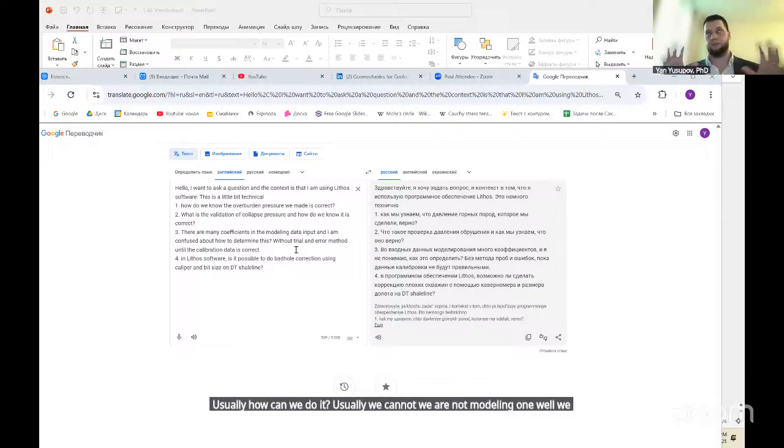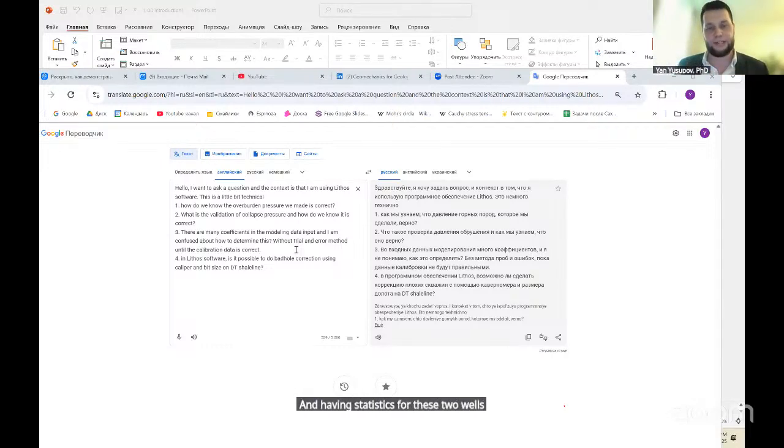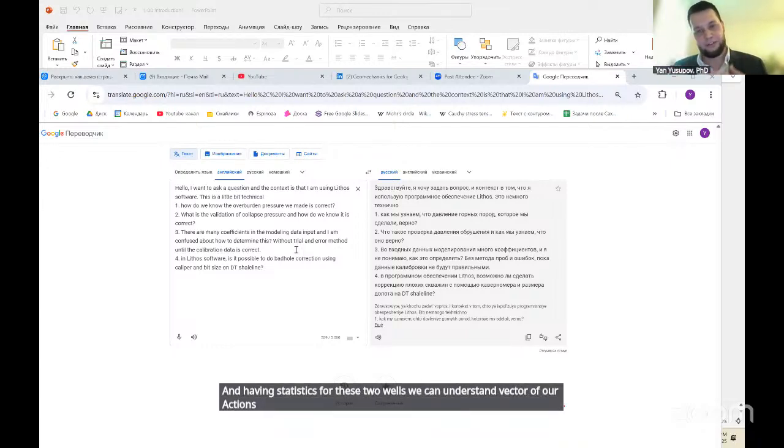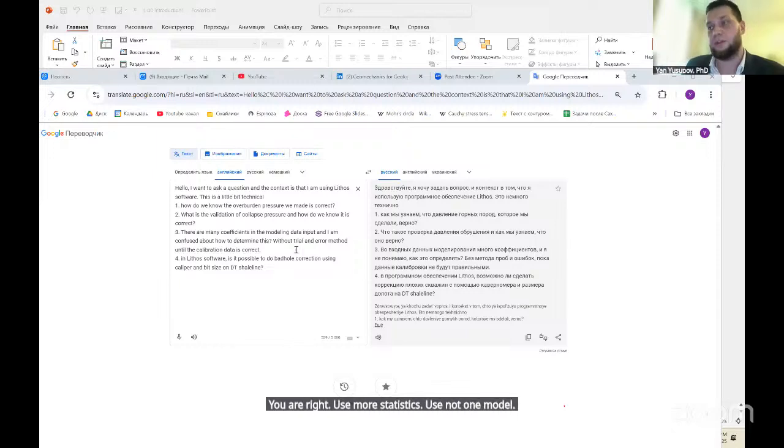We are modeling, for example, 10 wells simultaneously, and having statistics for these wells, we can understand the vector of our actions. And after, as you can see, the trial and error method is the only correct method. You are right. Use more statistics. Use not one model. Use, for example, 10 wells for modeling.